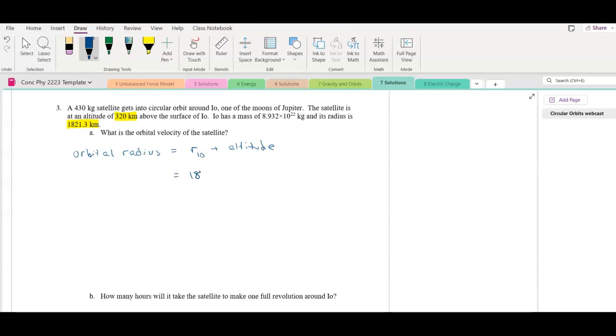So that would be 1,821,300 meters plus 320,000 meters. And so the orbital radius is 2,141,300 meters. Okay, then I can use the formula for the orbital velocity of a satellite.